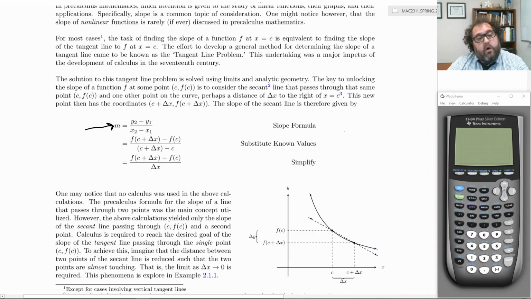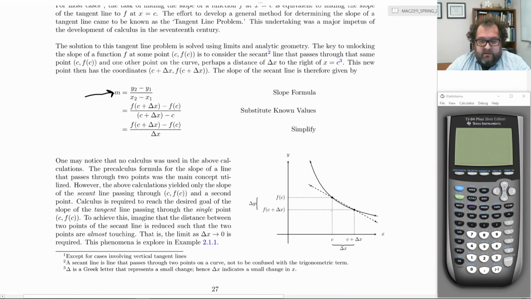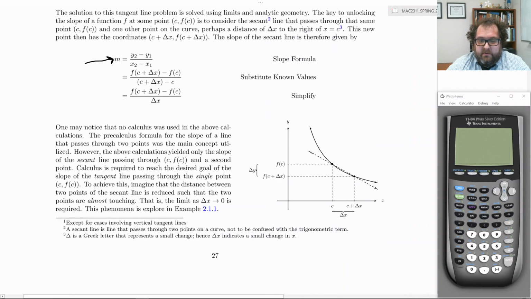Okay, now we're gonna write it just a little bit fancy. That's all, just a little bit fancy. Okay, imagine we have this picture over here. So let me focus over here. I want to find the tangent line, the slope, but specifically the slope of the tangent line at this point C. Anytime you see the letter C in this class, chances are it probably means a specific x value.